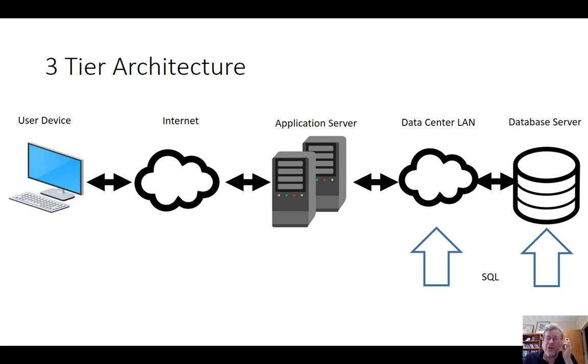With the three-tier or n-tier model, which is typical, those application programs need to read and write data. They do that across another network. It's often a data center LAN network. It could be another hop out to the internet. They talk to database servers. As you might guess, they typically run database programs. There are a couple of different choices there. Most of them are SQL. In general, our database server uses SQL.